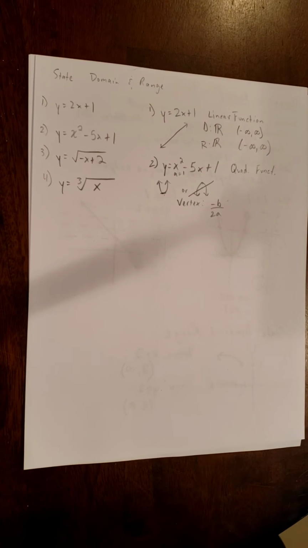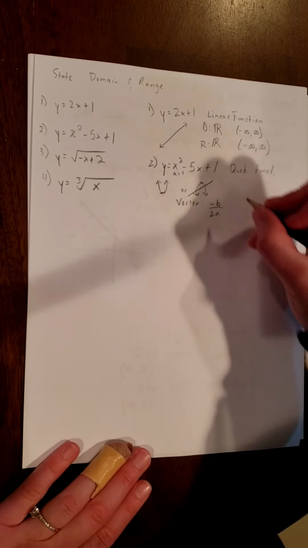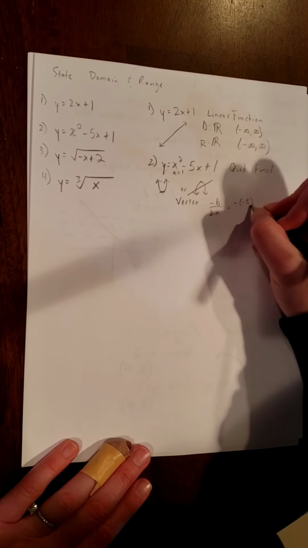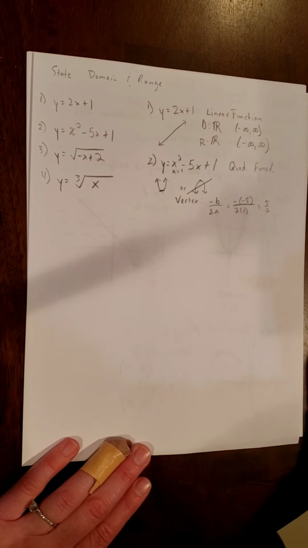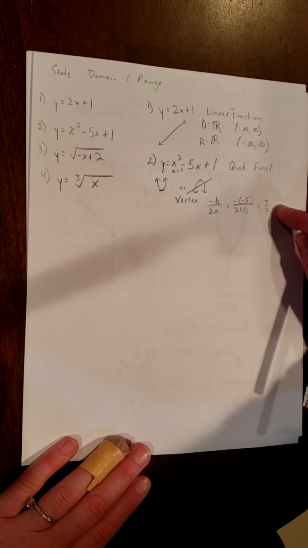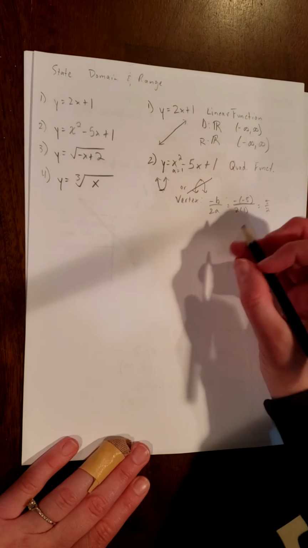So I have to do some work to get the x-coordinate of the vertex, right? So that's negative negative 5 over 2 times 1. That's 5 halves. So the minimum value is going to occur when x is 5 halves. So now we have to get the minimum value.